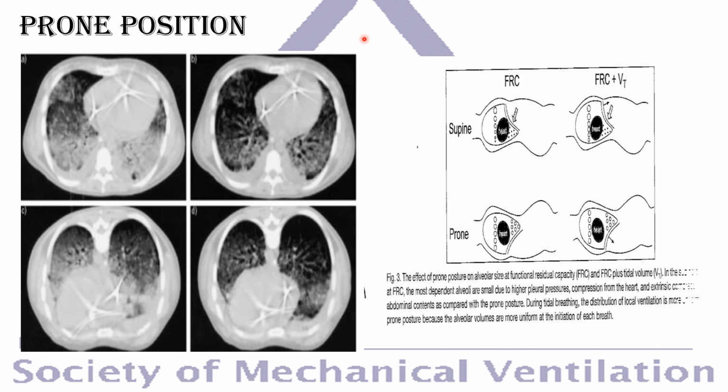We all know the benefits of proning. We know that the lung is very heterogeneous, and what proning does is actually make the alveolar units more homogeneous. One of the other benefits is, of course, the ventilation perfusion matching. One of the other benefits is the weight of the heart is reduced on those dorsal collapsed alveoli.